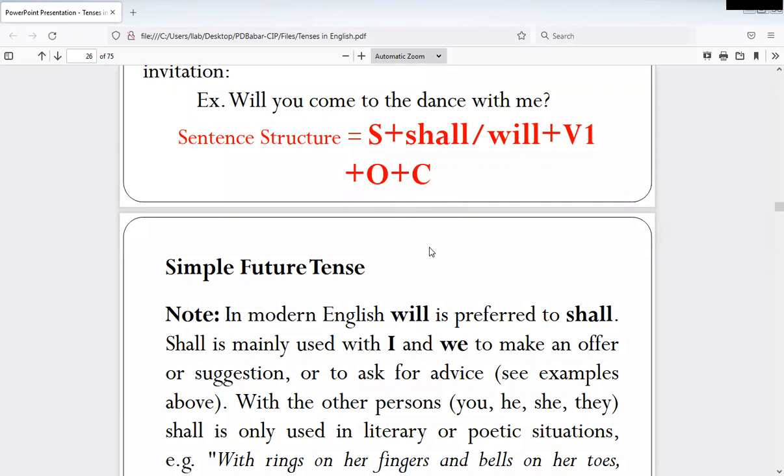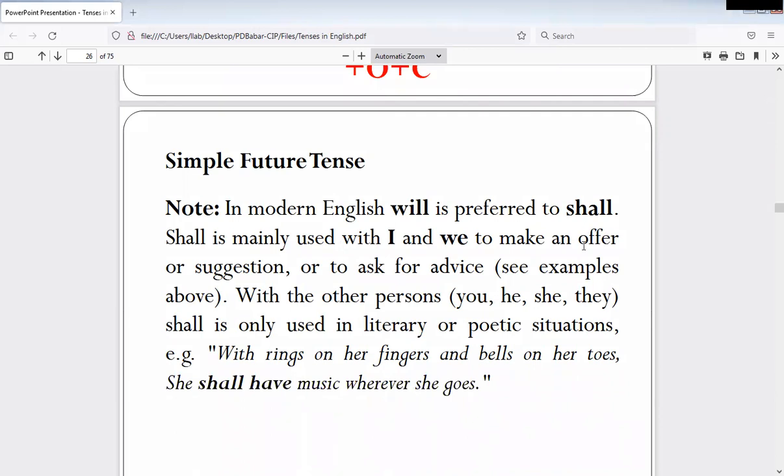So now speaking about the note, let's have the information about this note. In modern English, will is referred to shall. Shall is mainly used with I and we. So we have seen in the last lecture that we only use shall after I and we, and will is used for other pronouns.